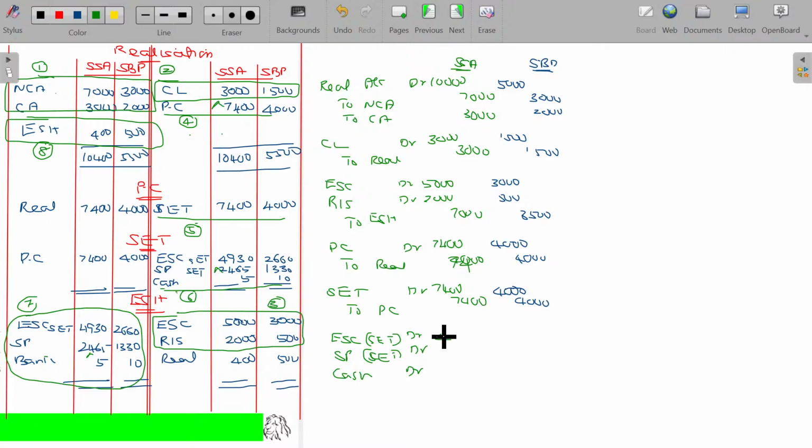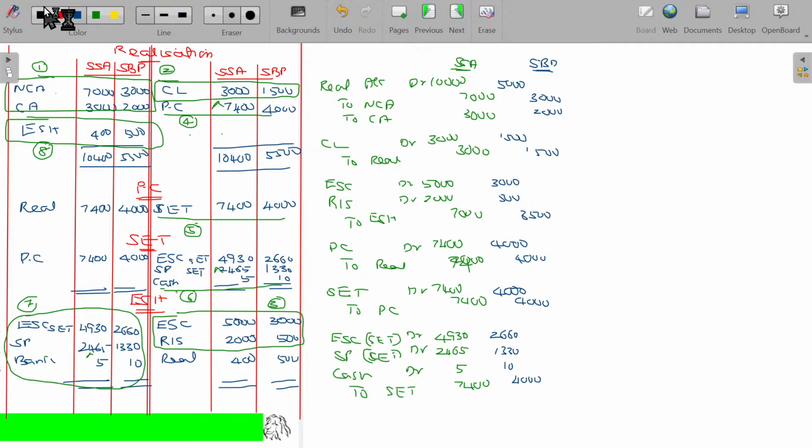So the value being 4,930, 2,465, 5 rupees to set, 7,400. For the other company, 2,660, 1,330, 10, and finally 4,000.